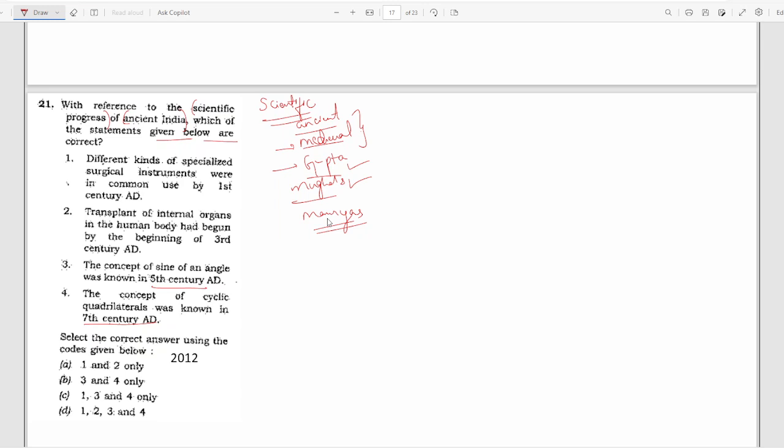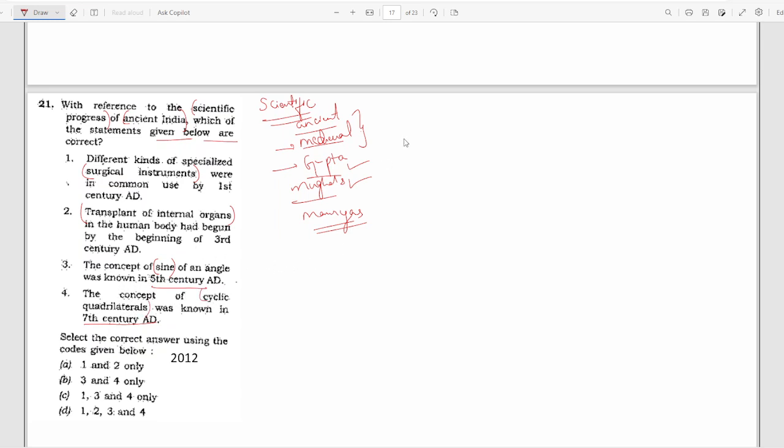But in prelims, you have to at least know what the things were and any unique things that were there. For example, here they are talking about surgical instruments, which were in common use by the 1st century. Then transplant of internal organs. Then the concept of sine, trigonometry, and the concept of cyclic quadrilaterals, geometry.